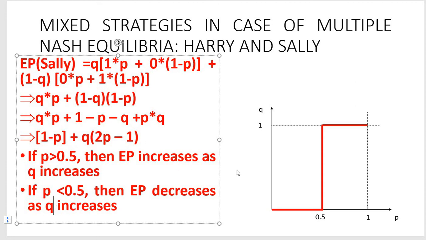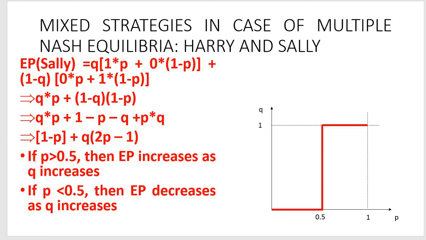So if P is less than 0.5, it makes no sense for Sally to choose a high Q, because any increase in Q will be associated with a decrease in expected payoff for Sally.